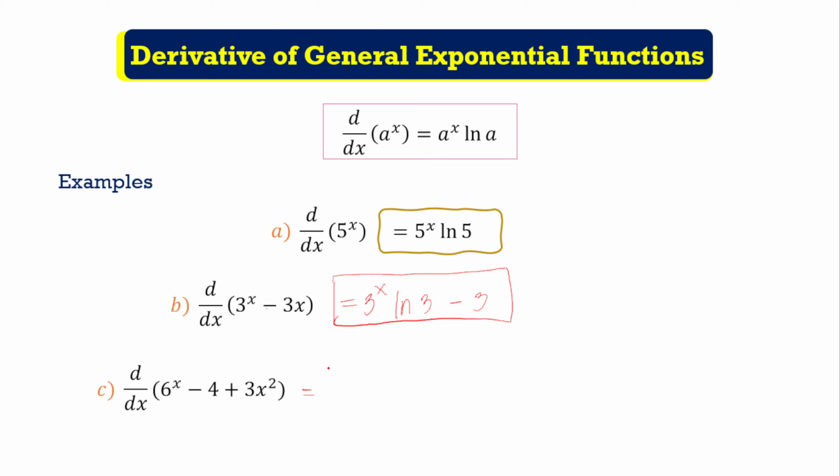The derivative of 6 to the x is 6 to the x itself times ln 6, minus the derivative of 4, which is 0, so we can just write plus. The derivative of 3x squared: multiply the exponent 2 to the 3, by the power rule and constant multiple rule, 2 times 3 is 6, then subtract 1 from the exponent, 2 becomes 1, or just simply 6x, and that's the final answer.